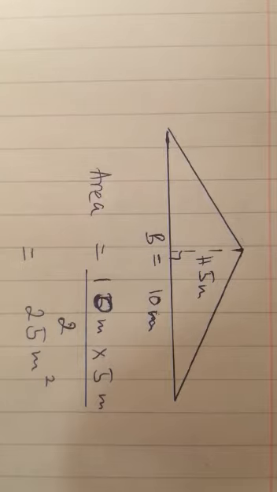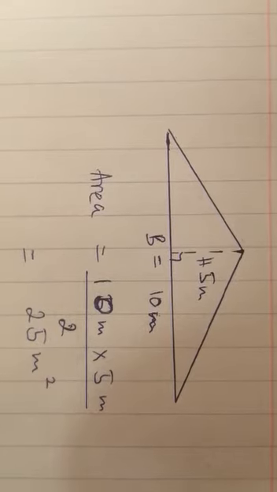To find the area, we say base, which is 10, times height, which is 5, and then you divide by 2. 10 times 5 is 50. 50 divided by 2 will give you 25. And as always, do not forget to include the units. In this example, we were using meters, so our answer will be 25 meters squared. If you leave out the units, your answer will be wrong.